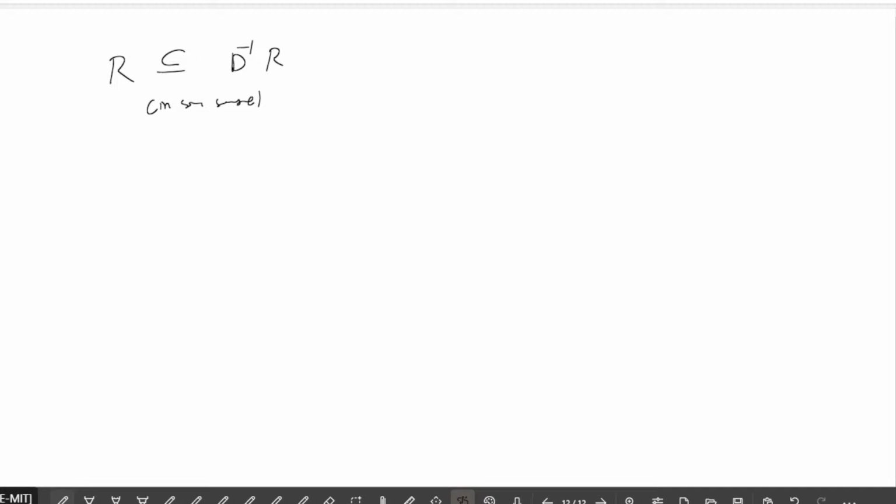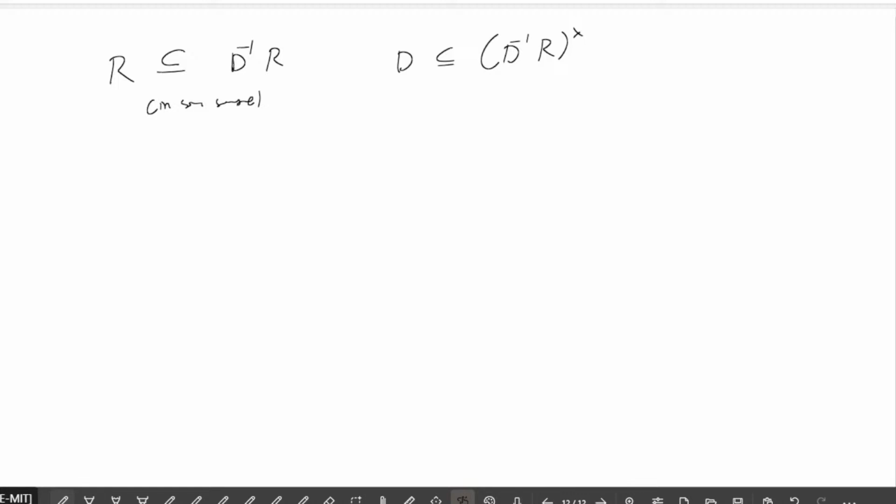That will form a ring under the operations we defined, and R will embed into it. In the usual sense that integers are rational numbers, although rational numbers are defined as equivalence classes of ordered pairs, we identify integers with rational numbers. In the same sense, elements of R can be identified with elements of D inverse R, so that it becomes something like a subring, such that D is contained in the group of units.